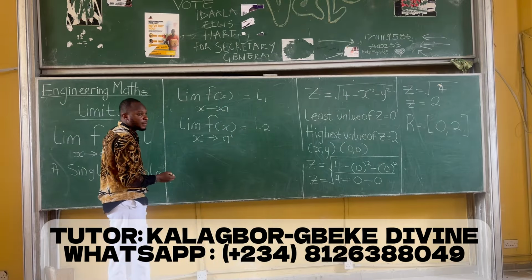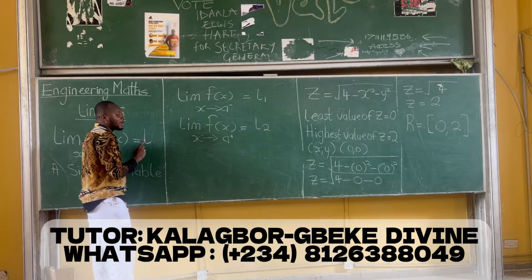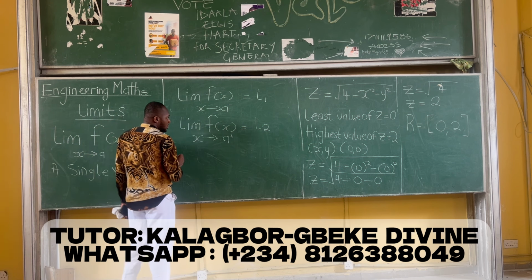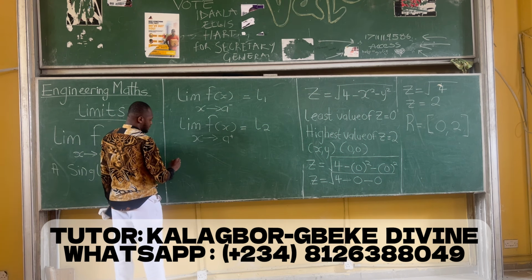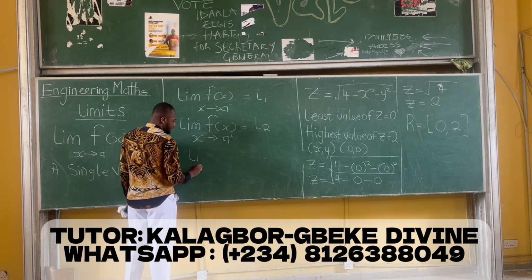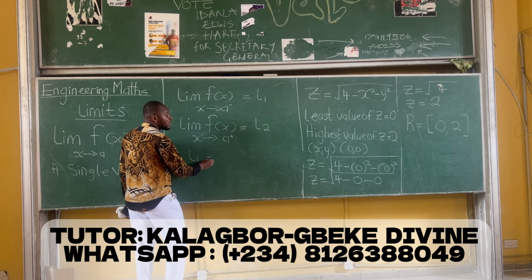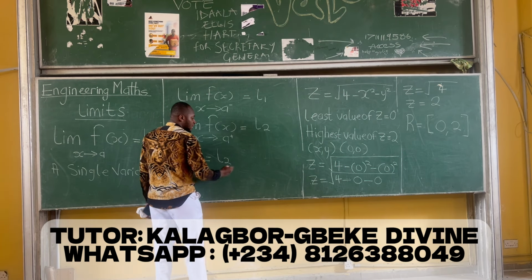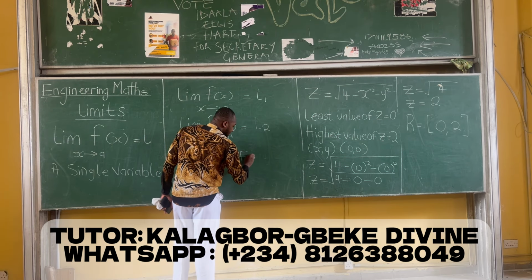Are you following? Now, if we are to check if this limit exists, we have to say that L1 should be equal to L2, right? For it to exist, am I right?